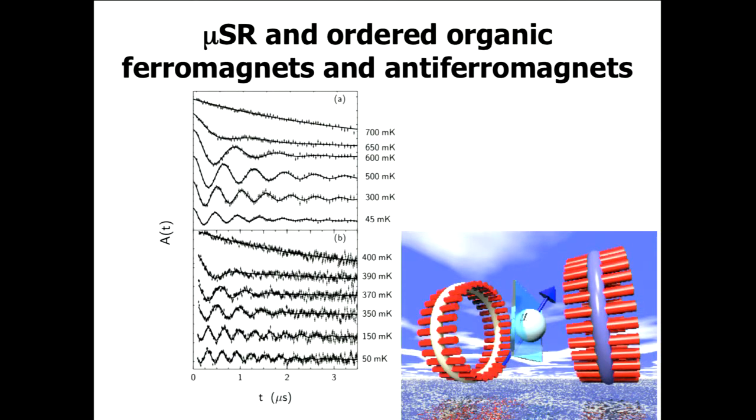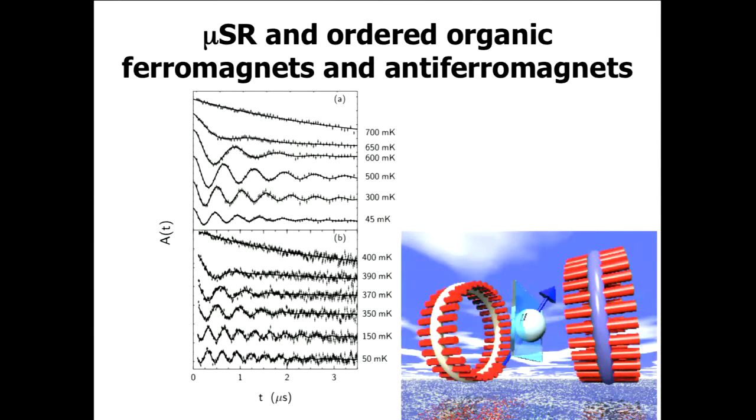So the thing I like about these data, first of all, they are very clean and beautiful. Secondly, they're done at very low temperature, and this demonstrates that the facilities here at RAL are perfect for measuring very low temperature data, because you can just have a dilution refrigerator dangling in the muon beam, and it works. And because of the brilliant cryogenic engineers, who I see are also here at the back, these things work.